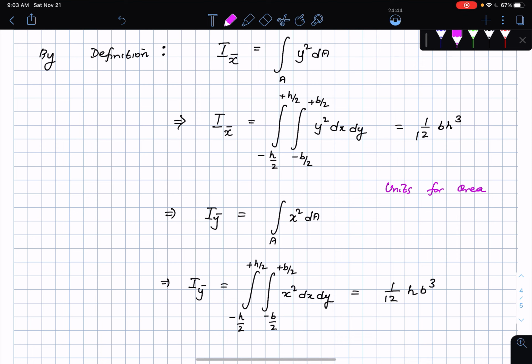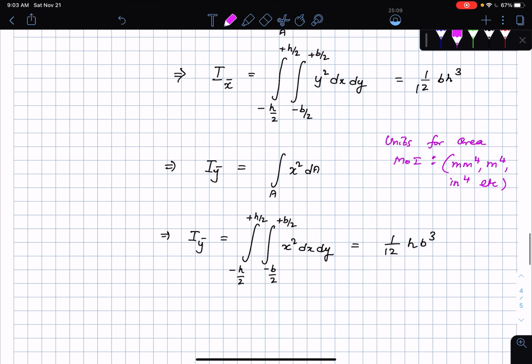For area moment of inertia, the unit will be millimeter cube times millimeters, or meter cubes times meters. So it's going to be distance to the power 4, or meter to the power 4, or inches to the power 4 or feet to the power 4, etc. So this is essentially distance to the power 4.